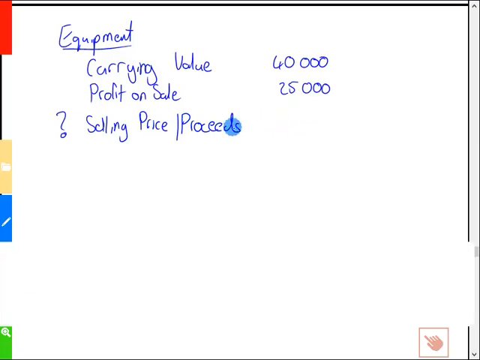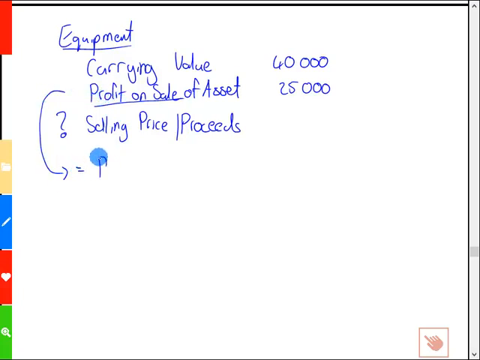How do we calculate this figure? Profit on sale of an asset is equal to the proceeds, what we get, minus what we give up. Any sale.